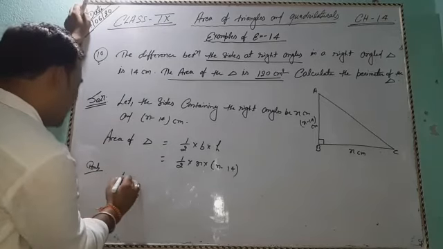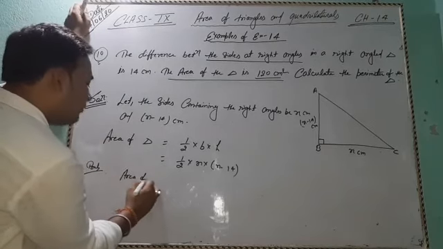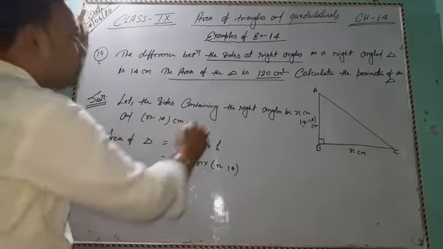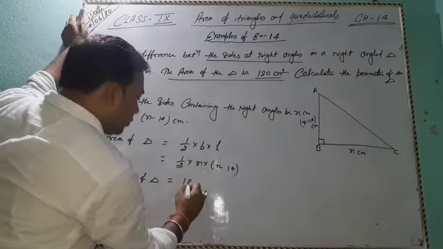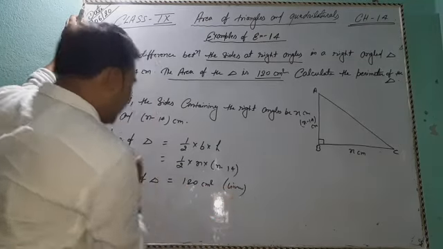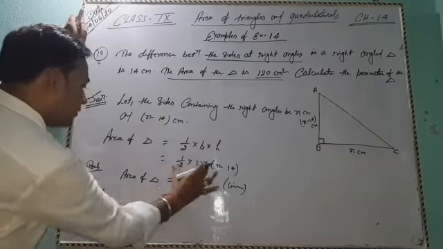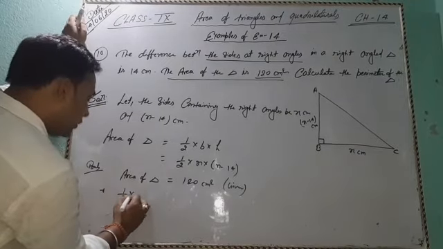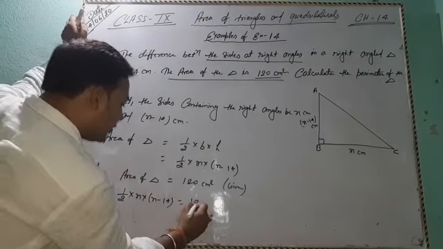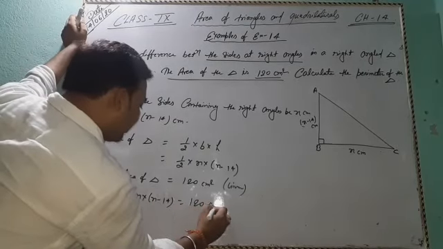But area of triangle equal to 120 square centimeter is given. So area of triangle equal to 1 by 2 into x into x minus 14 equal to 120 square centimeter.